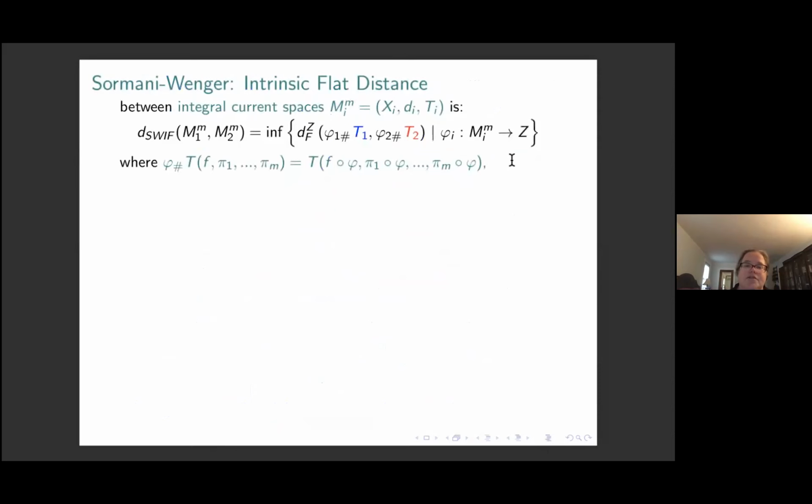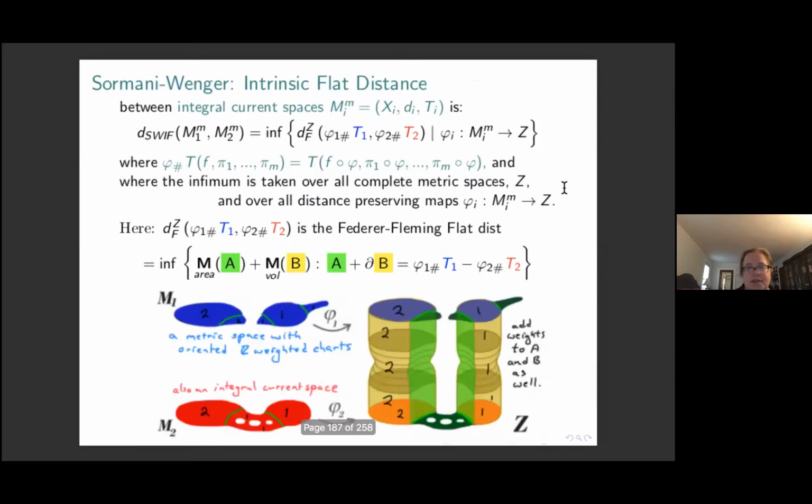All right, now the intrinsic flat distance between two of these spaces is defined this way. We talked about last time, where you look at these as weighted integral current spaces and map them with distance preserving maps. The distance preserving maps are the only part where we use d_1 and d_2.